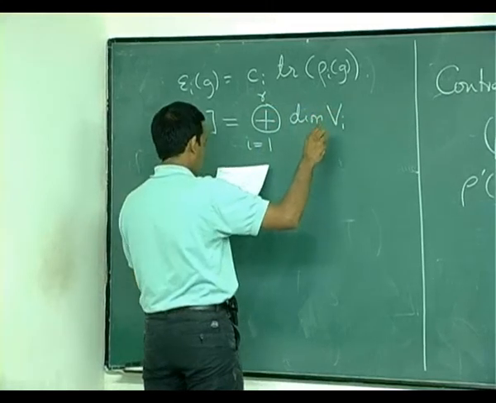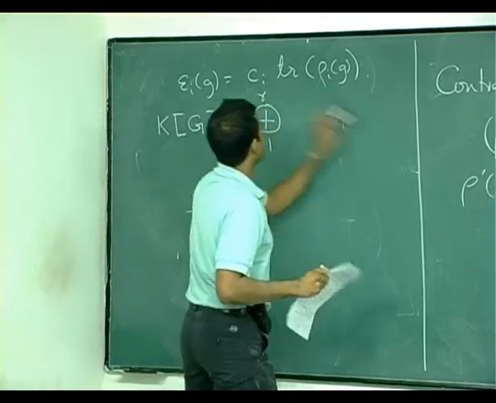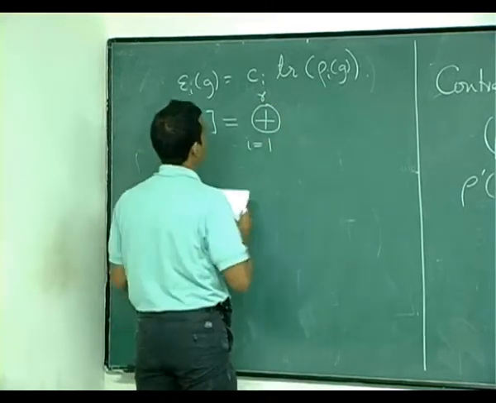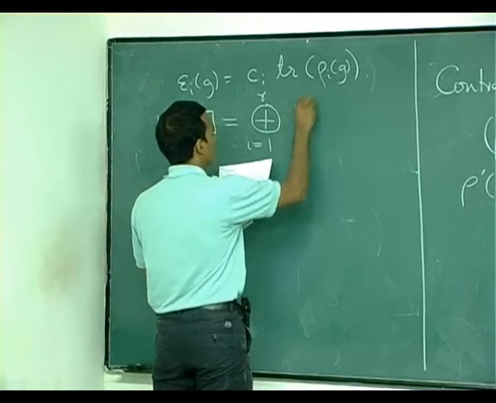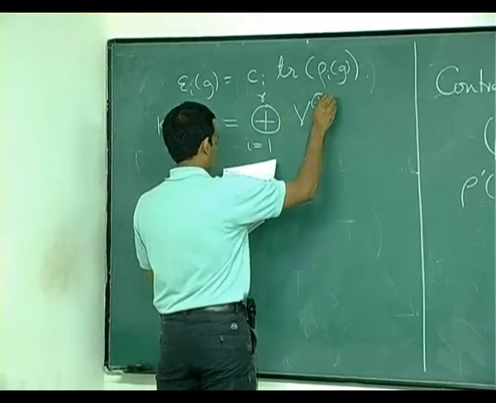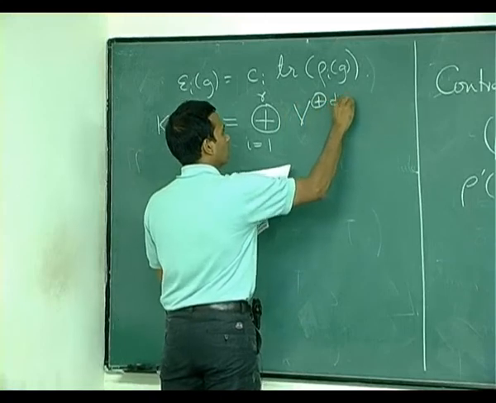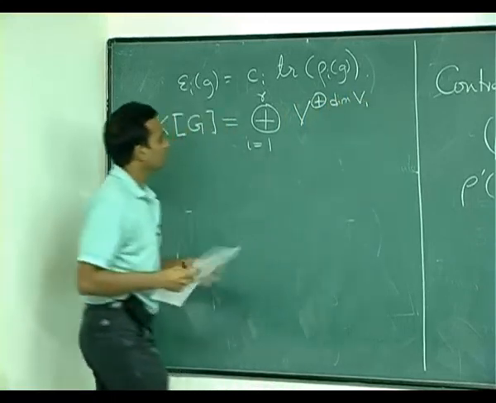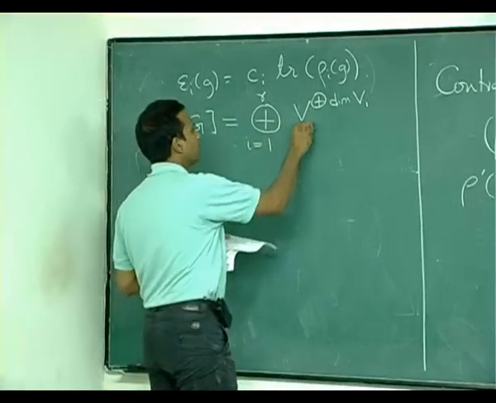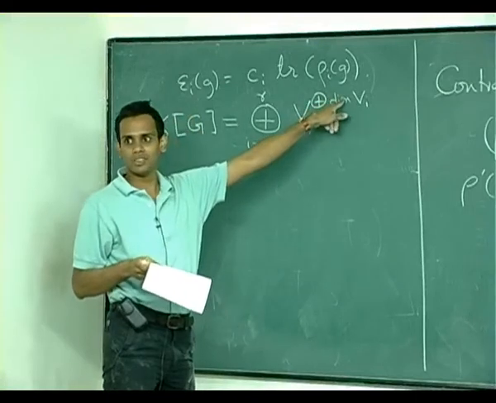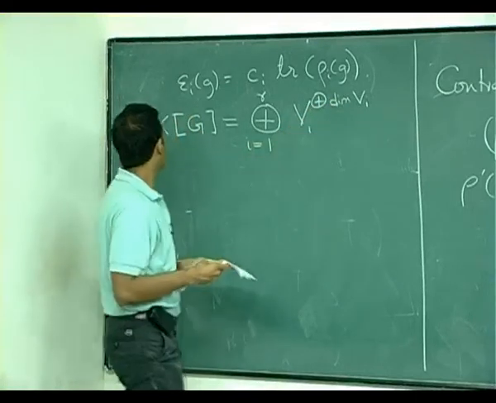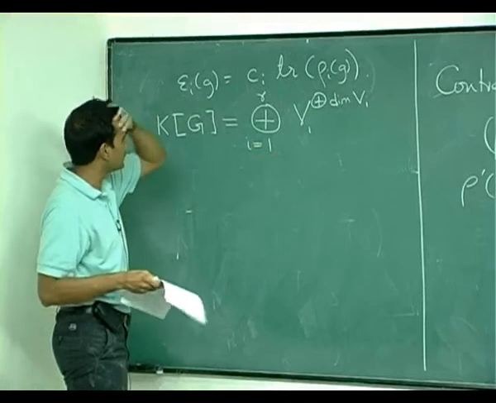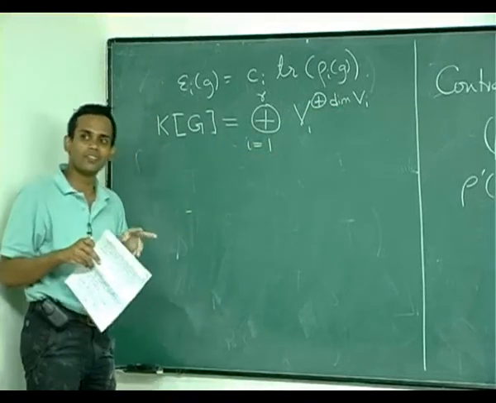You look at the decomposition of KG, the regular module, then we already know that the ith simple occurs as many times as its dimension, right? Now, if two representations are isomorphic, you can check that their trace is the same.